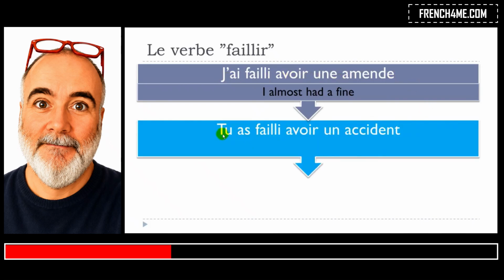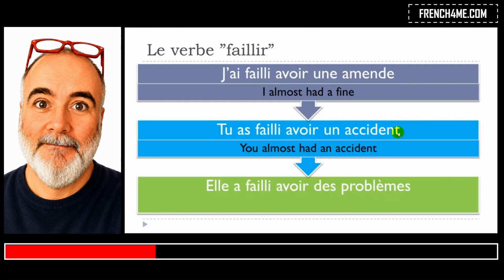Okay? Then the second example, tu as failli avoir un accident. Exactly the same concept. You almost had an accident. Okay? Tu as failli avoir un accident. And the last example, elle a failli avoir des problèmes. She almost got into troubles. Okay? Elle a failli avoir des problèmes.